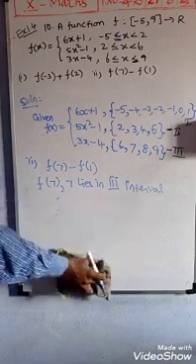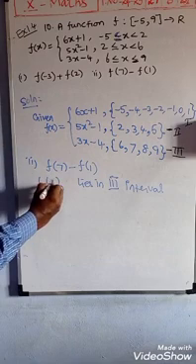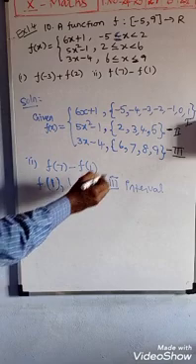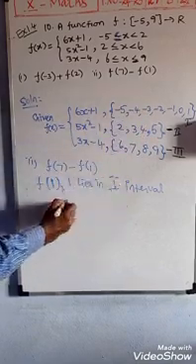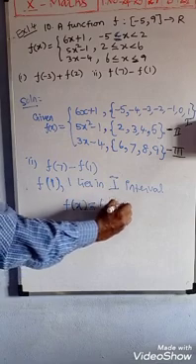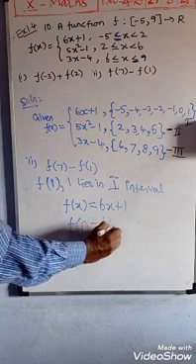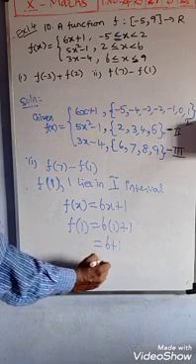See next f of 1. Which interval does 1 lie in? 1 lies in the first interval, so for f of x we choose 6x plus 1. Instead of x put 1: 6 times 1 plus 1. 6 ones are 6, plus 1 is 7.